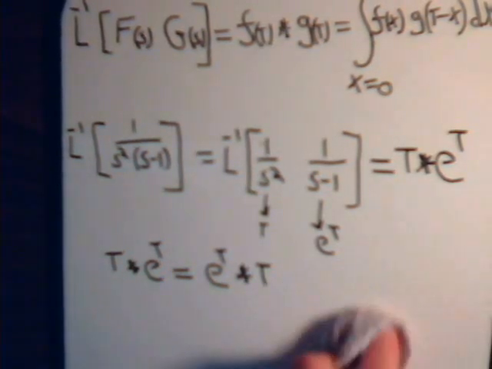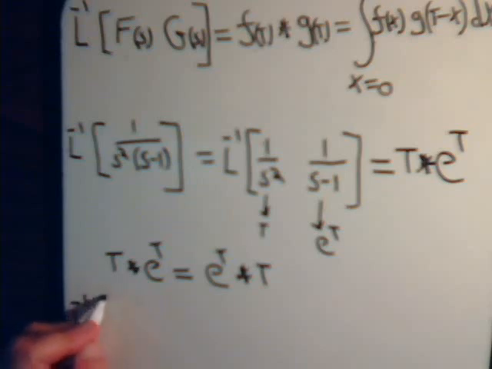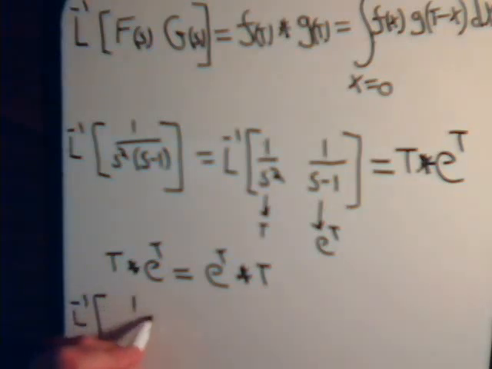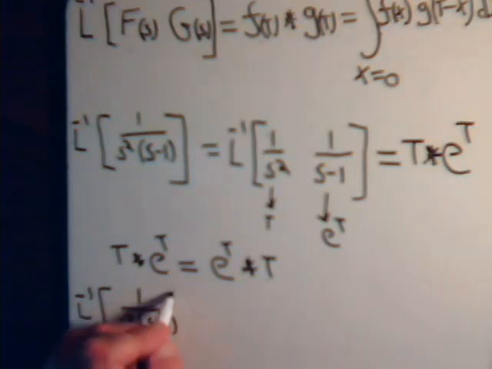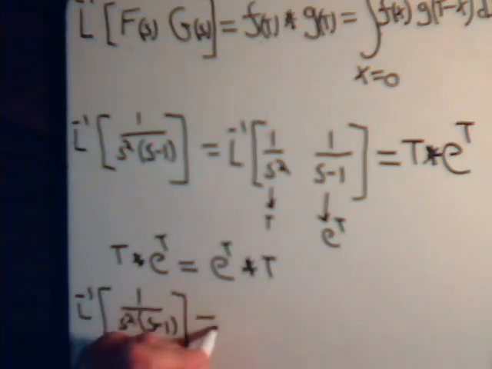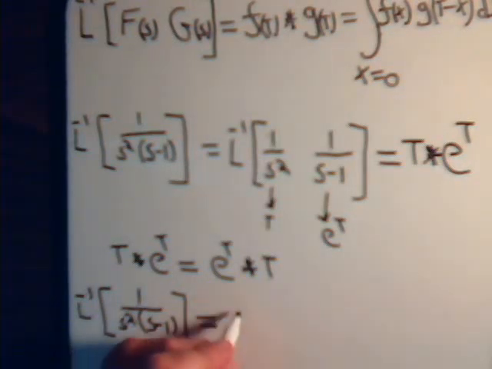So let's consider this one. What we have then is that the inverse Laplace transform of 1 over s squared times s minus 1 equals this in an integral form.